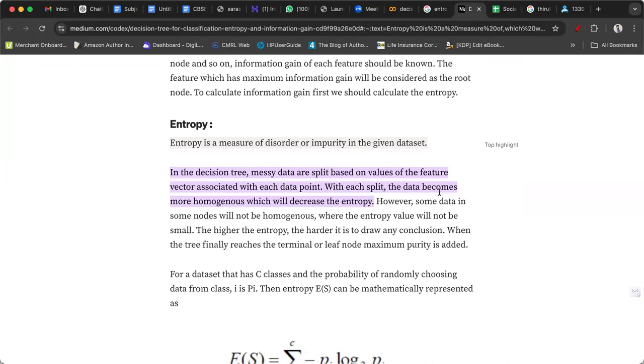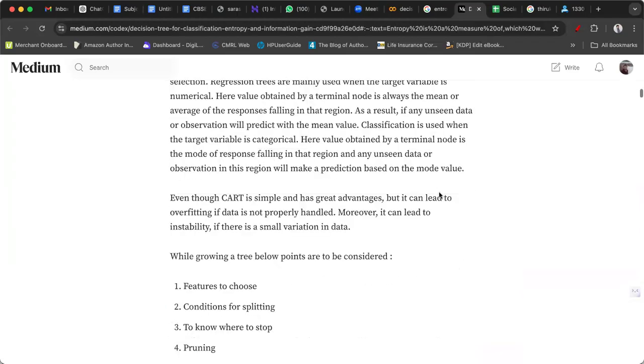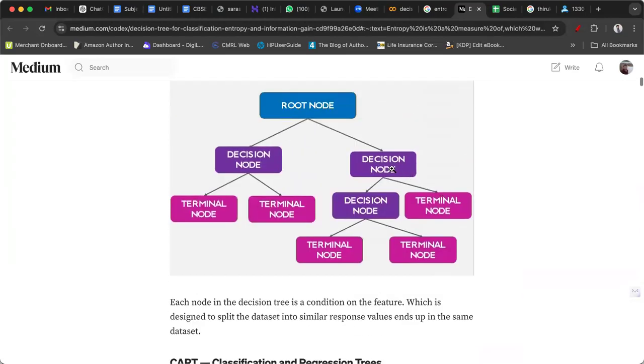However, some data in some nodes will not be homogeneous in nature, where the entropy value will not be small. So the higher the entropy, the harder it is to draw any conclusion. That means if the entropy value is getting higher, you can't come to a decision within this node. That is why you are splitting into two.